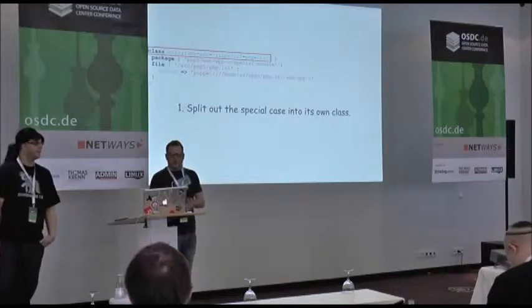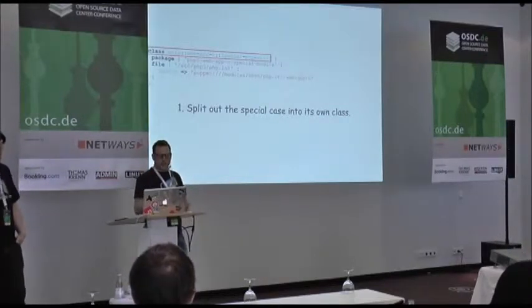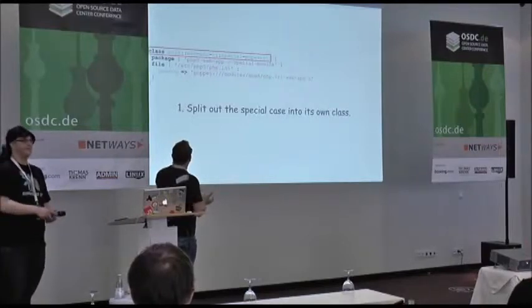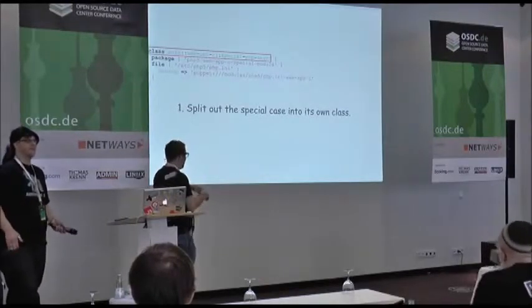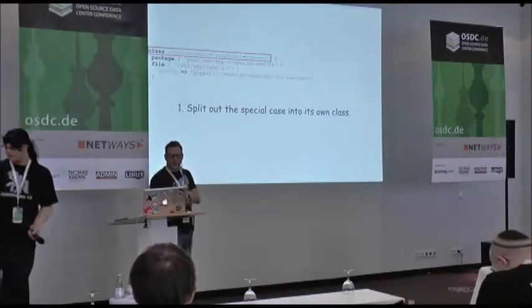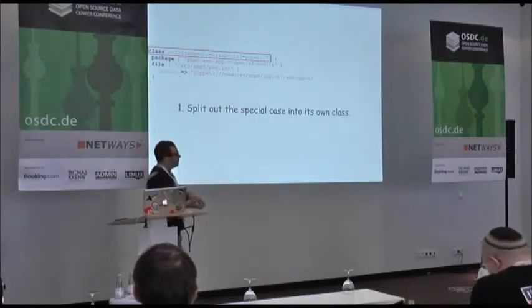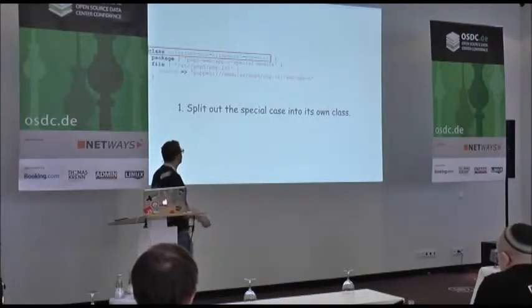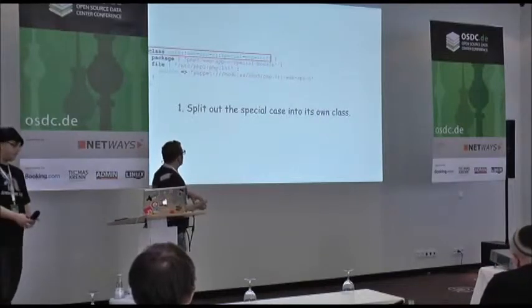So what we could do now is, we had this special case, and to get rid of the special case, we could extract the code with the special case out and move it into some special class. I called it role webappc special PHP stuff, and now it's in its own class.